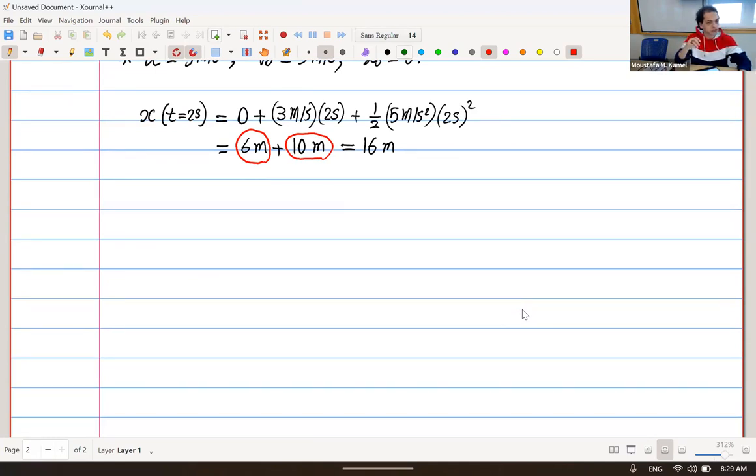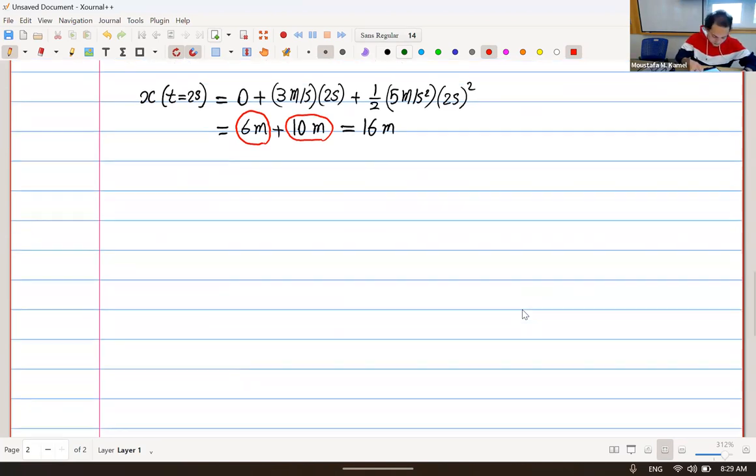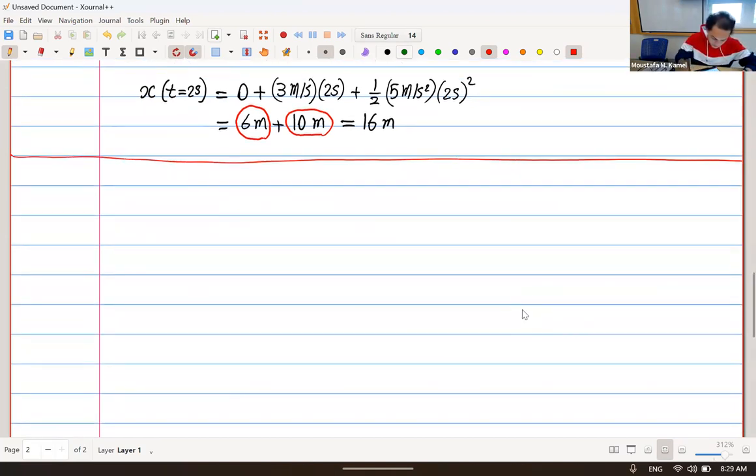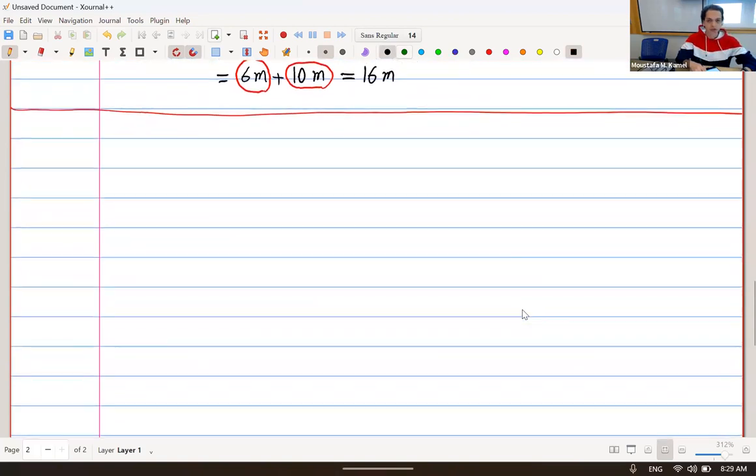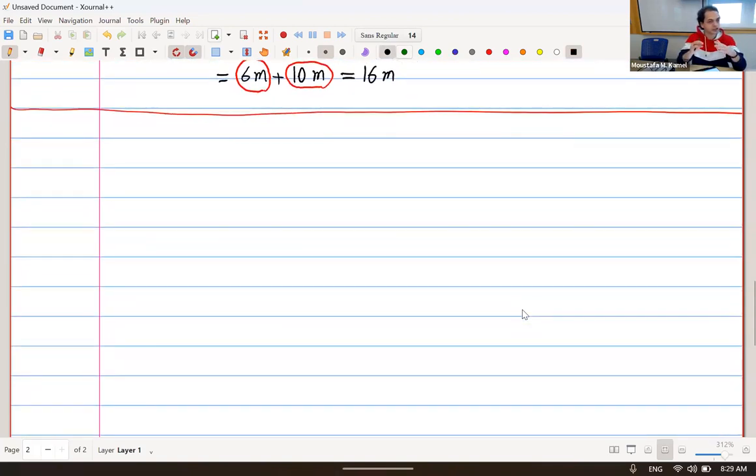Now let's discuss falling objects. This is not a new concept. Falling objects are objects falling under the acceleration due to gravity, and this is constant for all objects if we ignore the effect of friction or air resistance. We're just considering gravity.